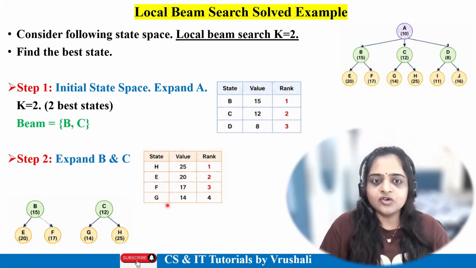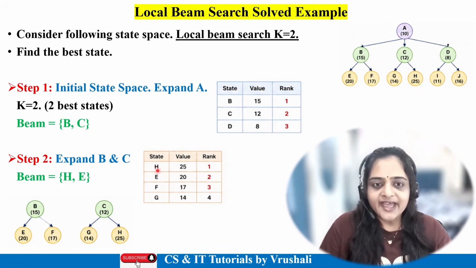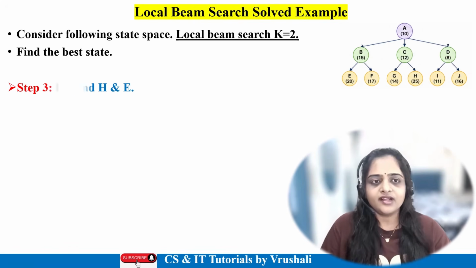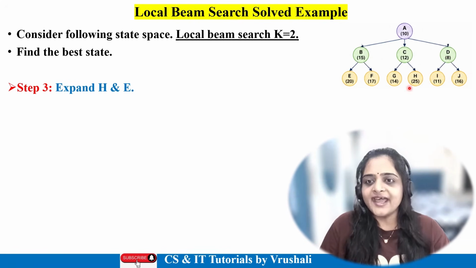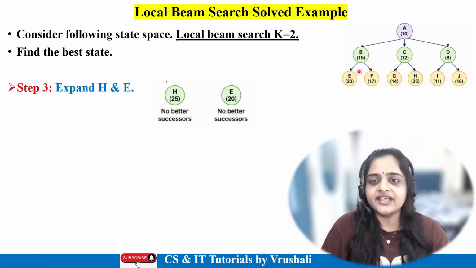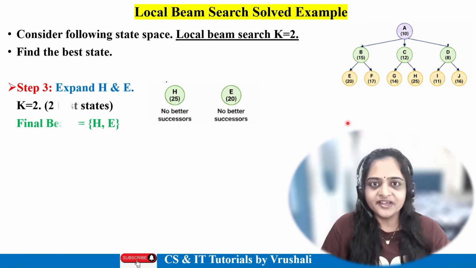Arrange all these nodes as per their evaluation value. Now again, which are the top two? H and E. So the next beam is H and E, meaning you have to expand the H and E nodes now. So expand H and E. There are no successor nodes or child nodes after H and E, right?